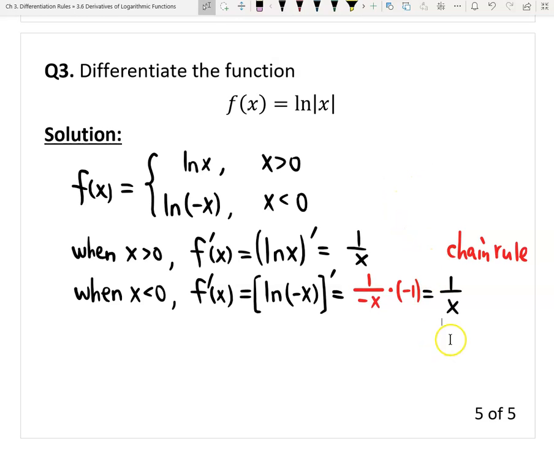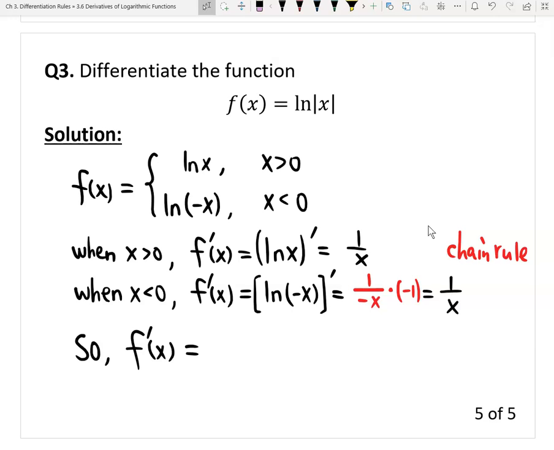Can you see what we get? When x is greater than 0, the derivative is the reciprocal. When x is less than 0, the derivative is still the reciprocal. What conclusion can we get? No matter what x is, the derivative of f(x) always equals the reciprocal.